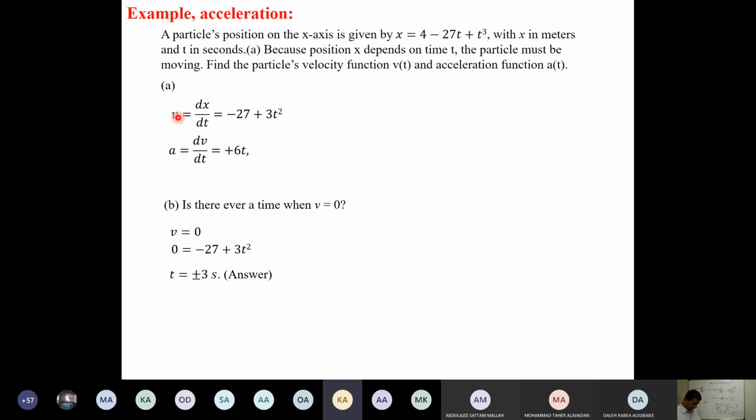Sir, can we also say v equals 0 when the position is constant? Yes, if the position doesn't change with respect to time, then v will obviously be 0. But that would mean that here you have a position with no t, and now the position definitely depends on time.